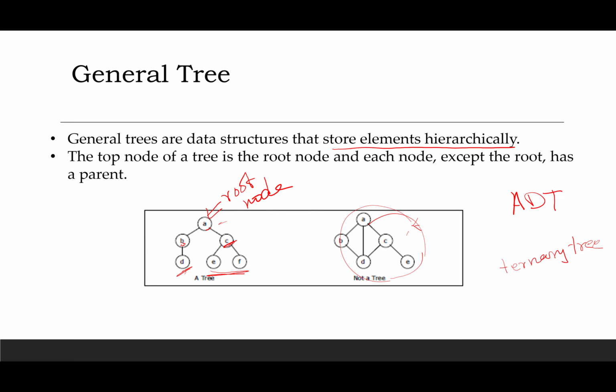To overcome the complexity of the general tree, it may be represented as a graph data structure, thereby losing many of the advantages of the tree. So the better option is to convert the general tree into a binary tree.